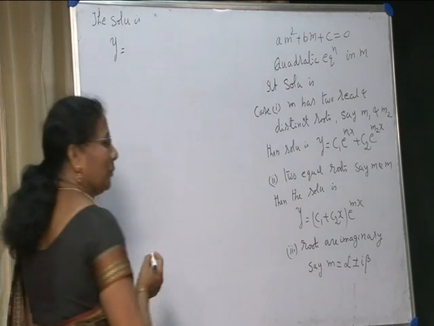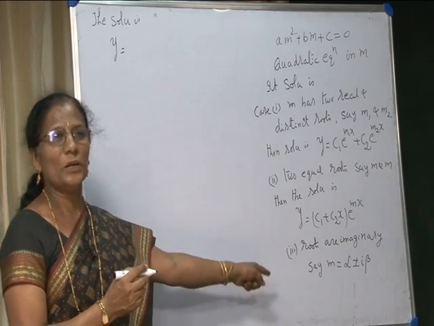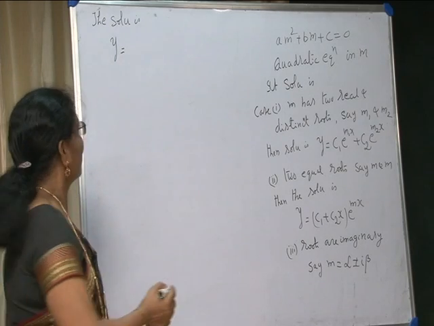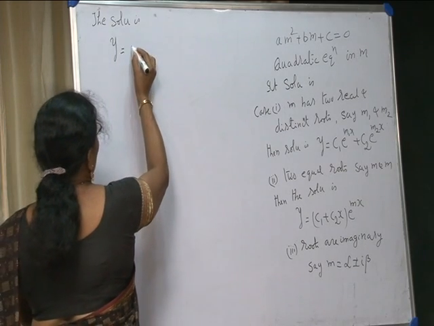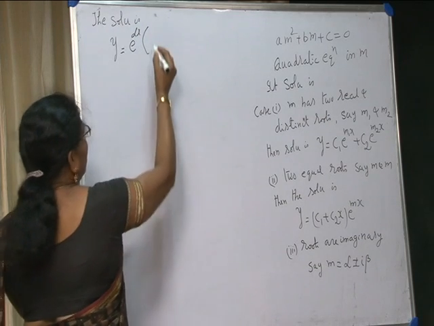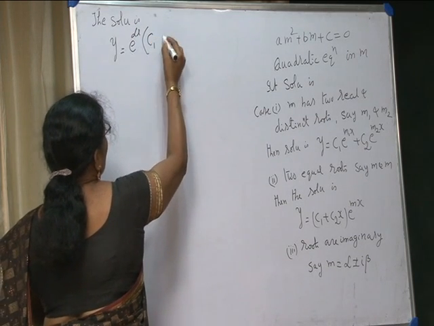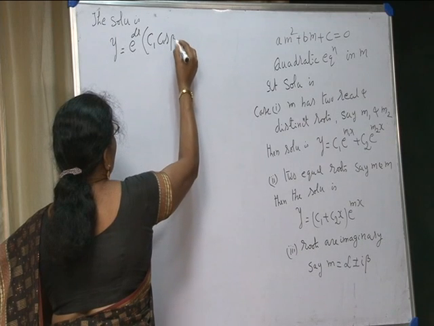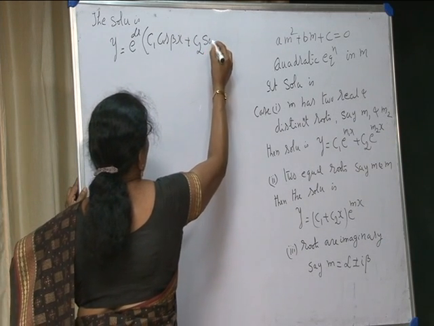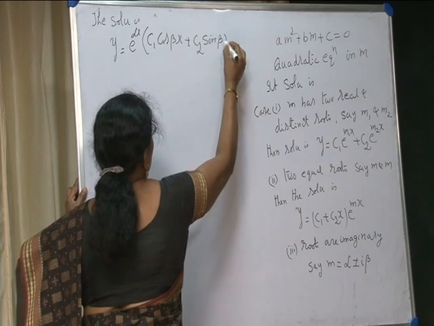When the roots are imaginary, that must be a complex number, m is equal to alpha plus or minus i beta. Then the solution is e to the power of alpha x into c1 cos beta x plus c2 sin beta x.